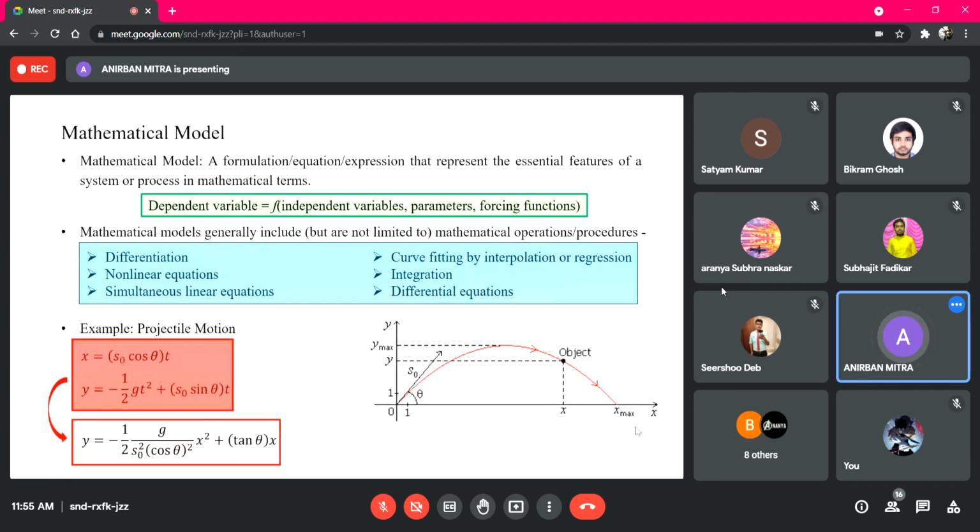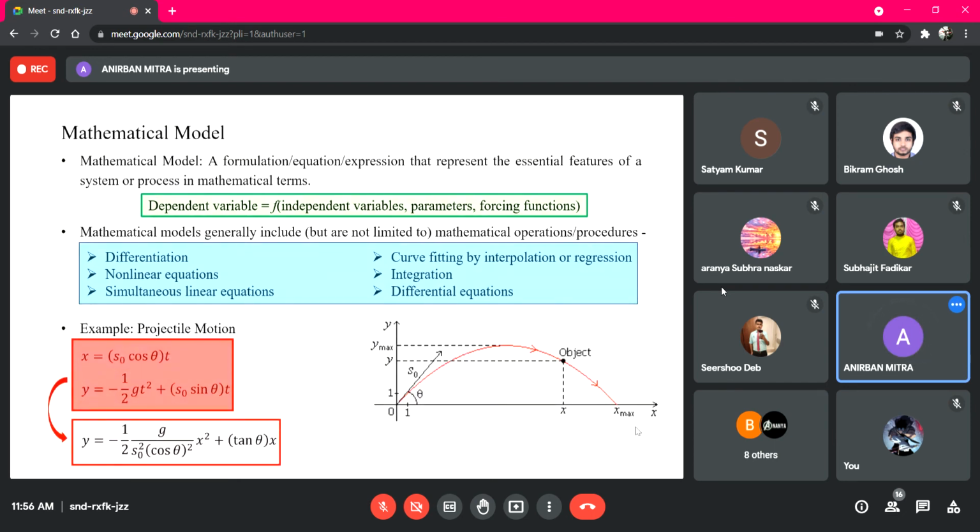T remains the independent variable. Similarly, you can analyze the second equation, y, also, and find out what are the dependent variable, independent variable, and system parameters. Of course, in both the cases, gravity acts as the external influence.